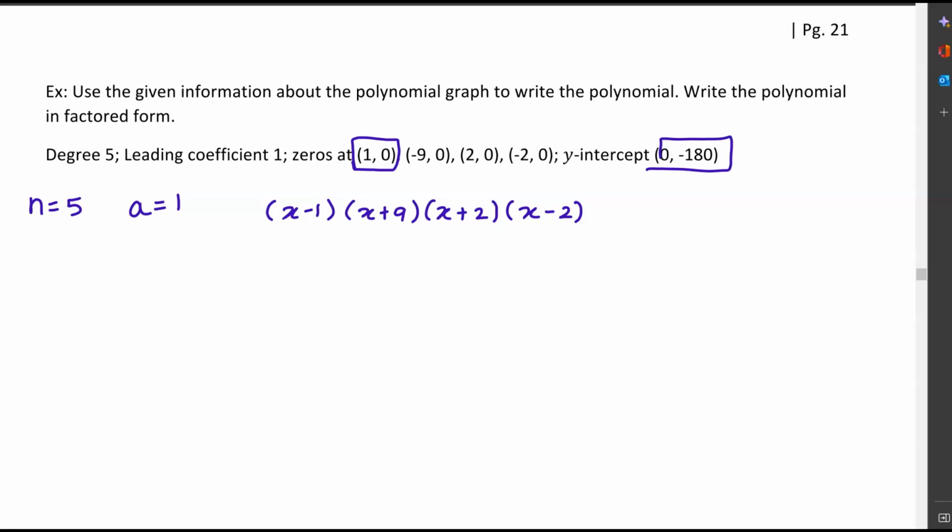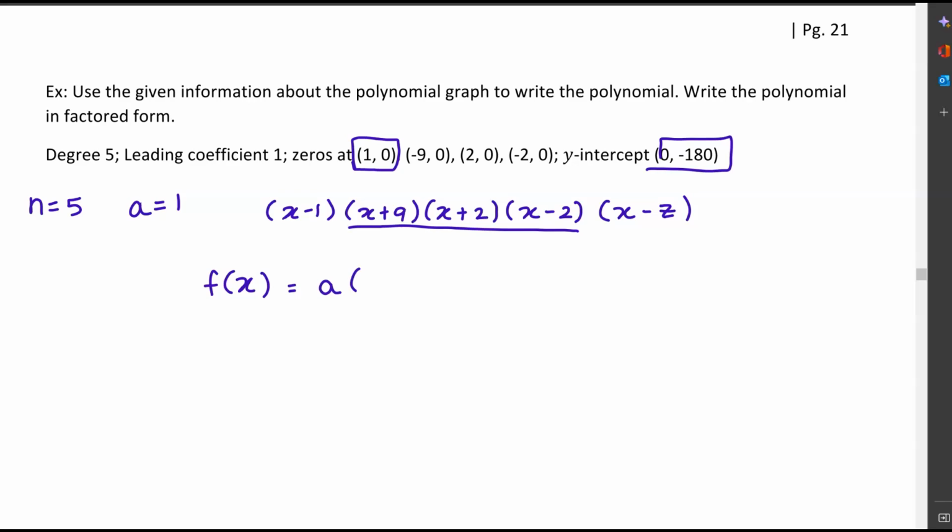Okay, alright, so we know what a is, but we only have 4 x values. So we're missing one value. So we're missing an x. Let's go ahead and call it an unknown zero. Call it x minus z. So let's go ahead and write out our formula. So here's our polynomial, our f of x.